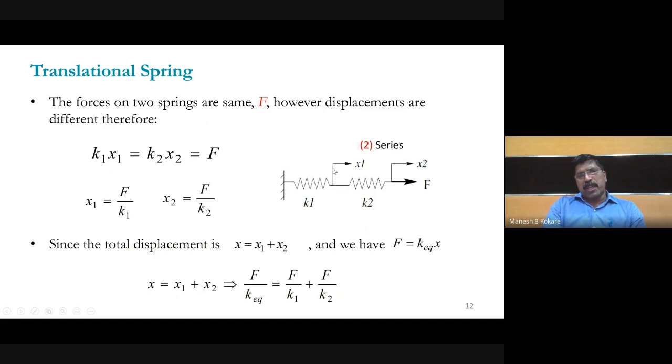Now there is a displacement x1 of K1 and a displacement x2 of K2. When you apply force on the K2 end, there will be different displacements on K2 as well as K1, so overall there will be a total displacement. The forces on the two springs are the same, F, however the displacements are different.